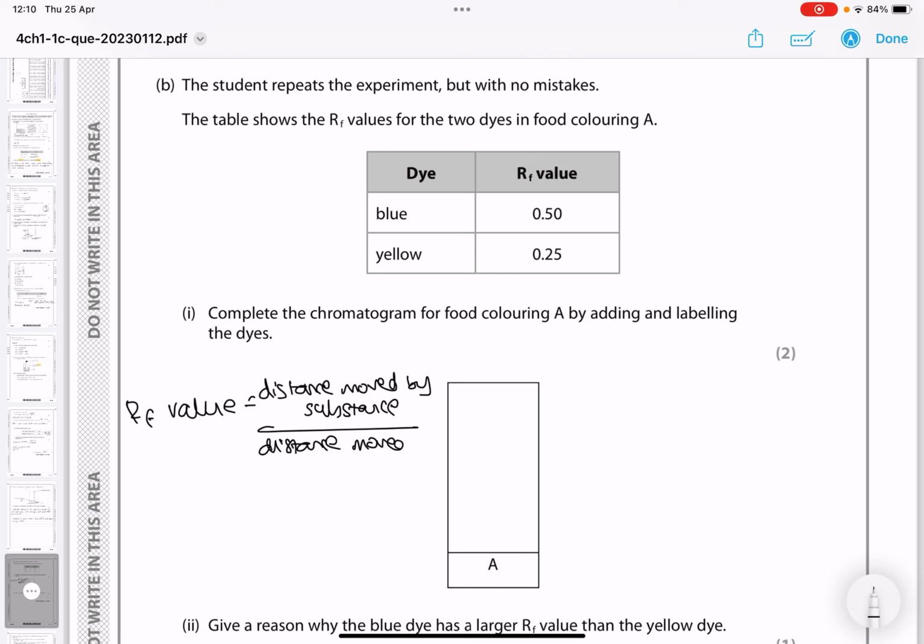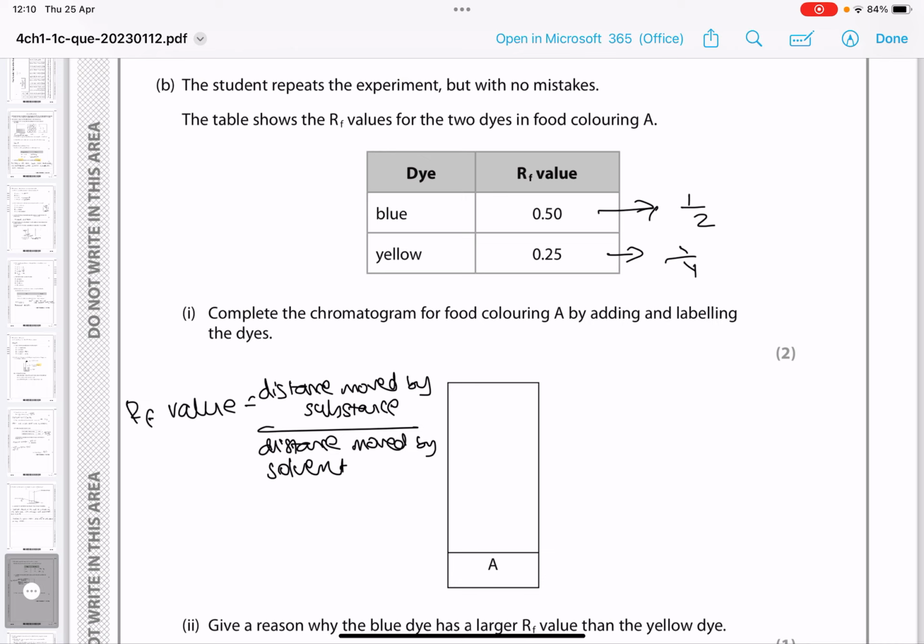Okay, so clearly from the results that they've given us, we can see that blue has a higher RF value than yellow. So blue has an RF value of 0.5, which means it's approximately halfway up between the baseline and the top of the paper. And yellow is approximately a quarter of the way up. So I'm just going to estimate this.